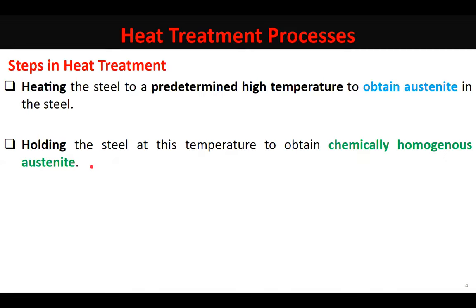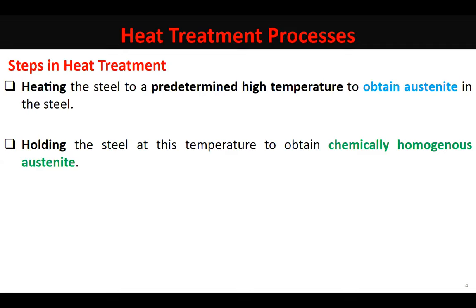So now students, when this heating and holding step is complete, you have a completely chemically homogeneous austenitic structure, either 100% or whatsoever fraction you had desired, depending upon your choice of heat treatment temperature. And now this austenite is chemically homogeneous and completely ready that if it is given cooling and is brought to a temperature lower than the lower critical temperature of the steel, it will start transforming into other phases to give you the room temperature microstructure.